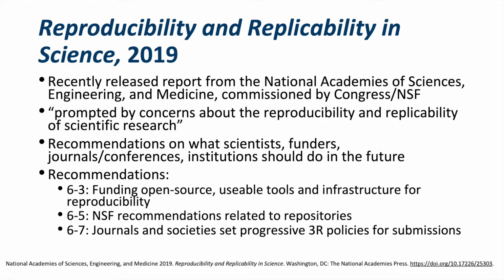So one of them was funding open source usable tools and infrastructure for reproducibility, and that's something that we'll talk a little bit about. There are recommendations for code and data repositories. That's something we'll touch on as well. And then journals and societies to set progressive 3R policies for submissions, and I'll explain what 3R means in just a minute.